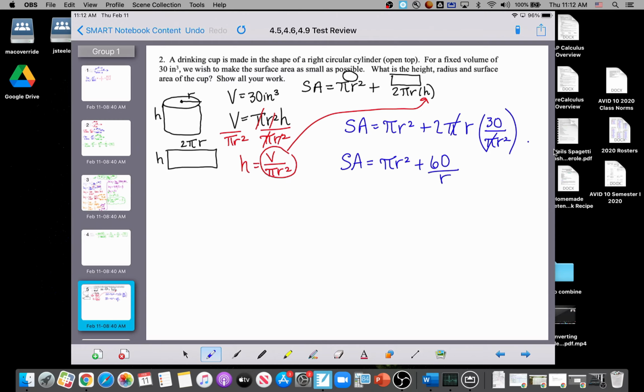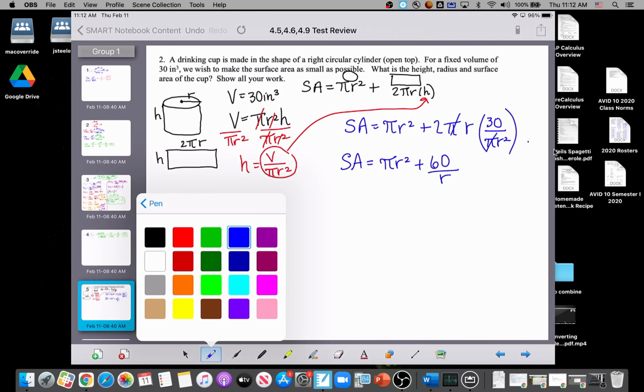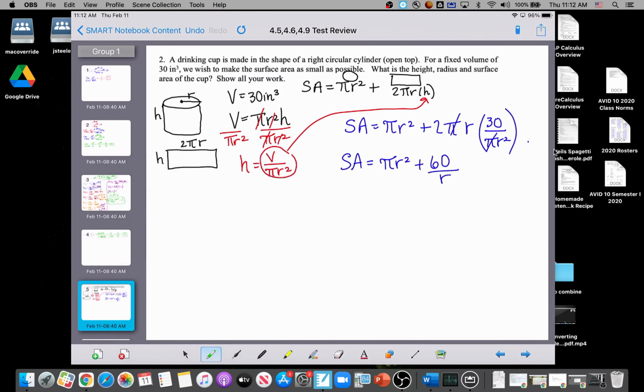Okay, so now I am trying to minimize my surface area. So this is the point where I am going to take the derivative of my surface area to find the critical values.